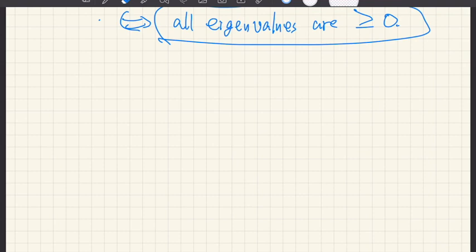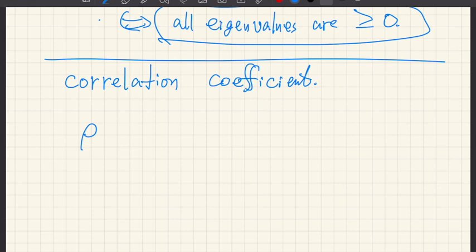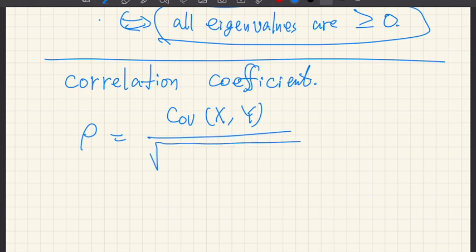And related to the covariance matrix, we define the correlation coefficient, which is defined as the covariance divided by the square root of the variance of x times the variance of y.